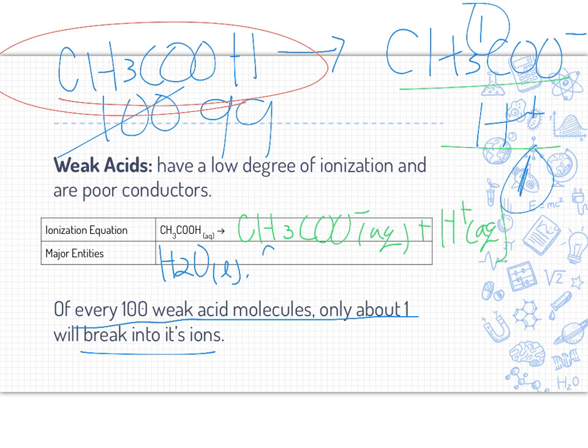So I'm going to say that the major entity is CH3COOH, and it's just dissolved in water, so aqueous. That's the difference between strong and weak acids. For weak acids, the major entity includes the acid still stuck together, whereas for a strong acid, the major entity includes the acid broken apart.